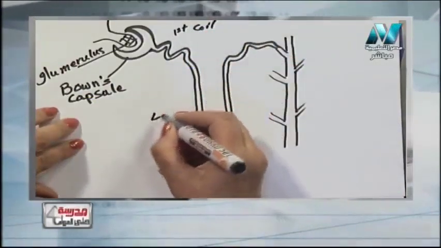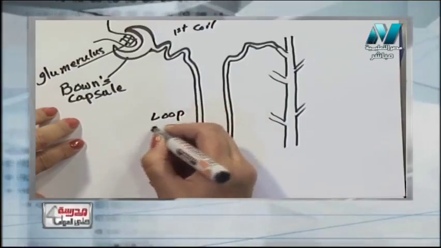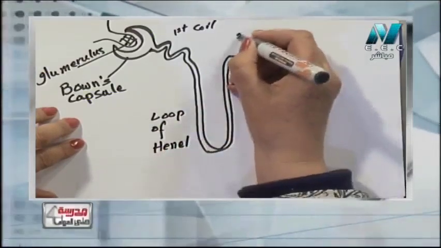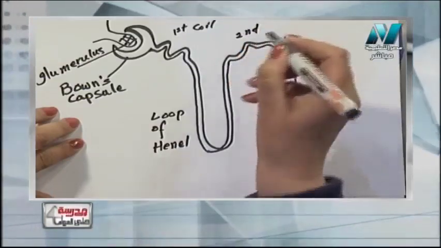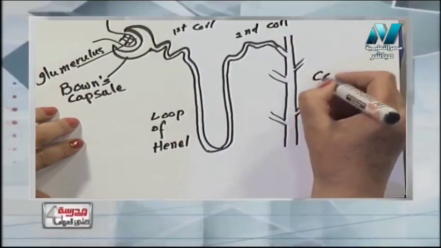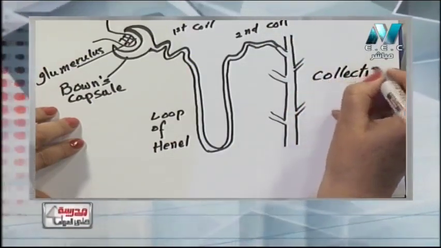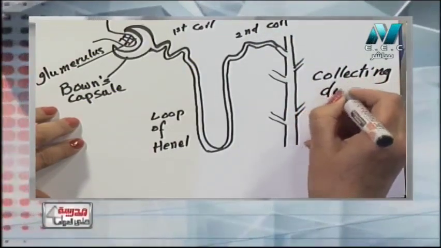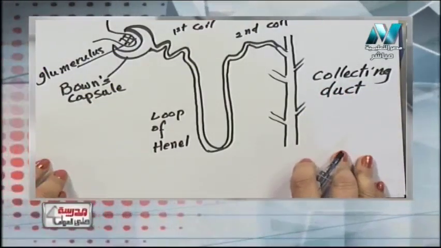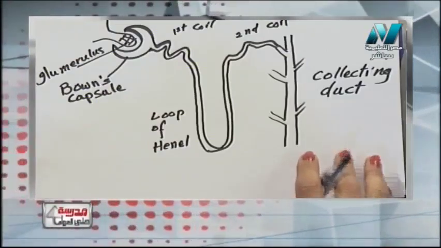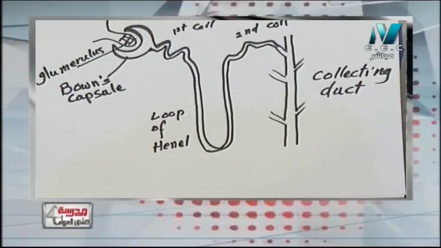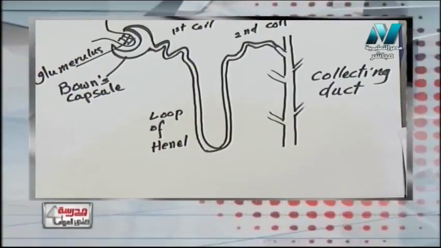And this is the loop of Henle. And this is the second coil. And this is the collecting duct. Okay, it's very easy to draw. And you need to practice it very well because it may be one of the questions in the practical exam.